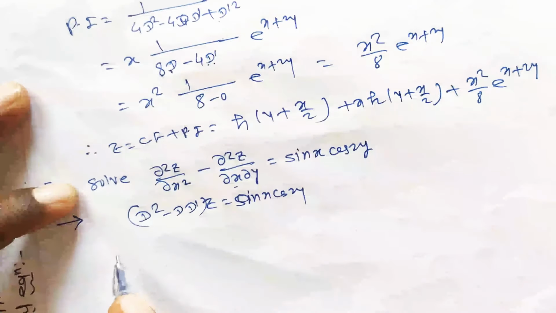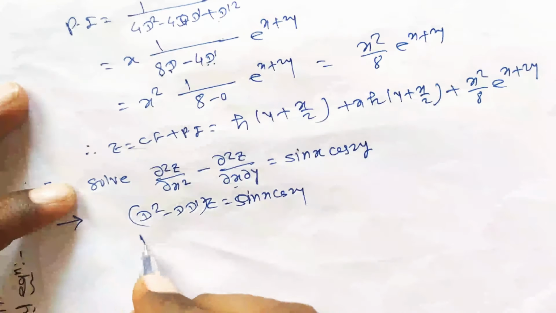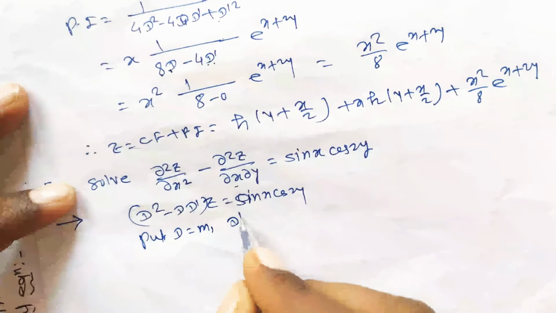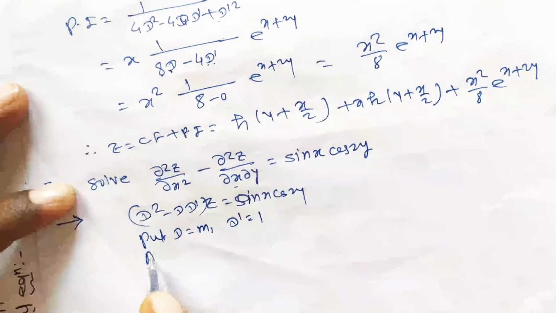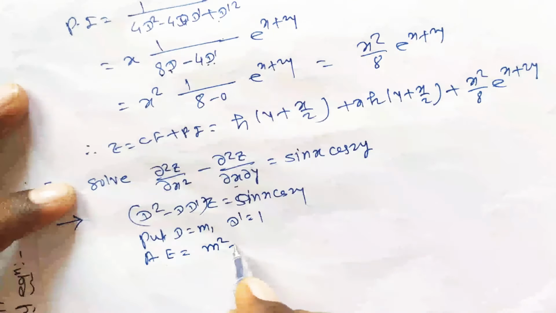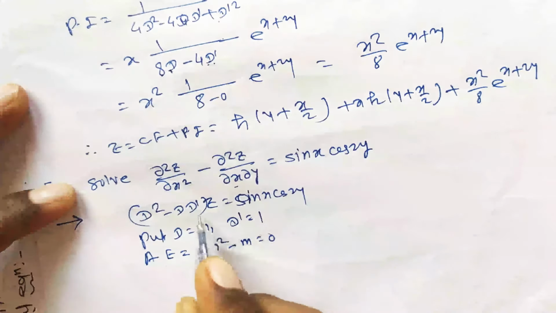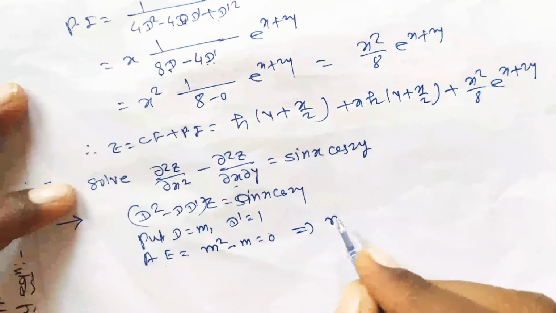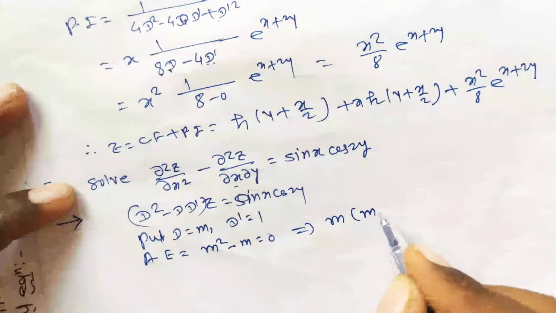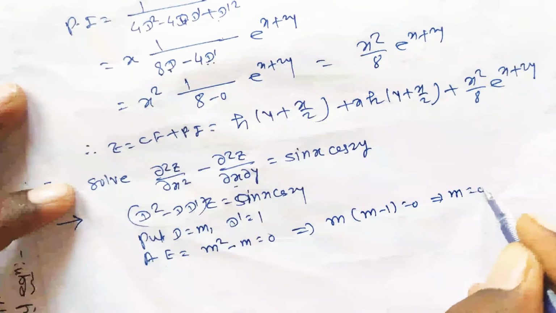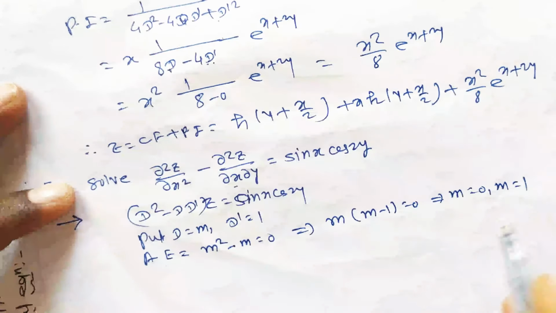First we have to find the complementary function, and for that we want the auxiliary equation. So put D equal to m and D dash equal to 1. The auxiliary equation is m square minus m, because D dash is 1. What are the roots of m square minus m? Taking m common, m into m minus 1 equals 0, which implies m equal to 0 and m equal to 1.